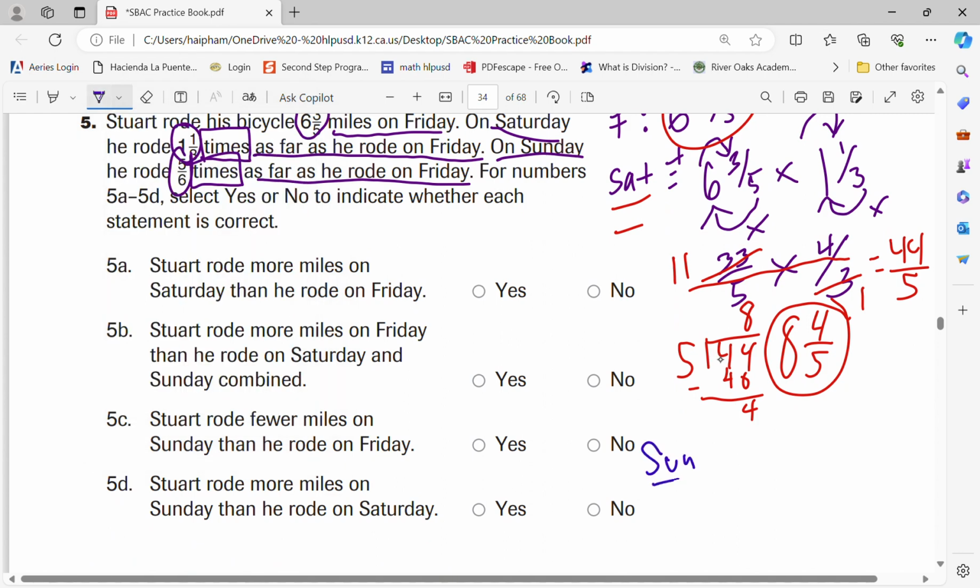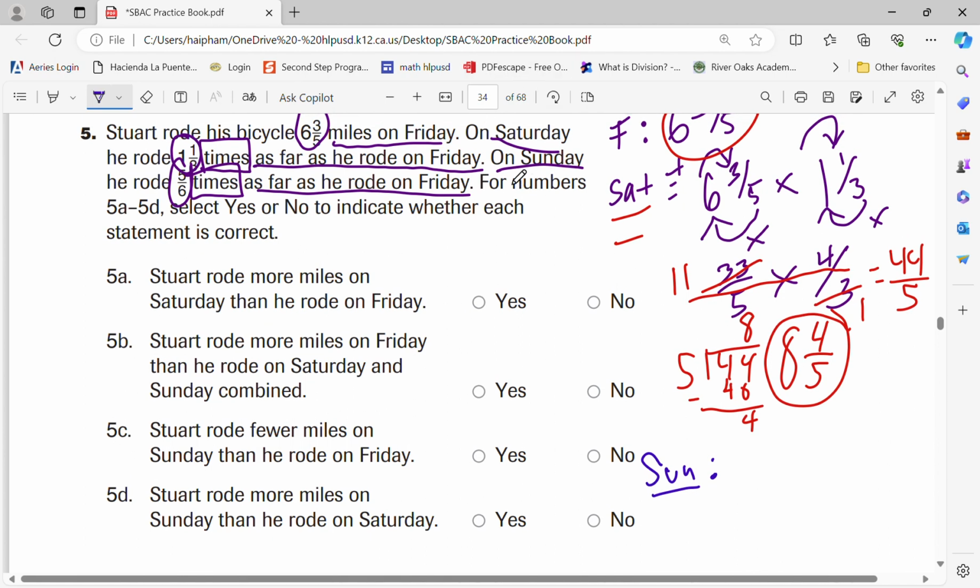Sunday. All right, and let's go over our statement again. On Sunday, he rode 5/6 times. Again, we are multiplying by a fraction, so it should be less than Friday. So he rode 5/6 times as far as he rode on Friday. So once again, we have 6 3/5.